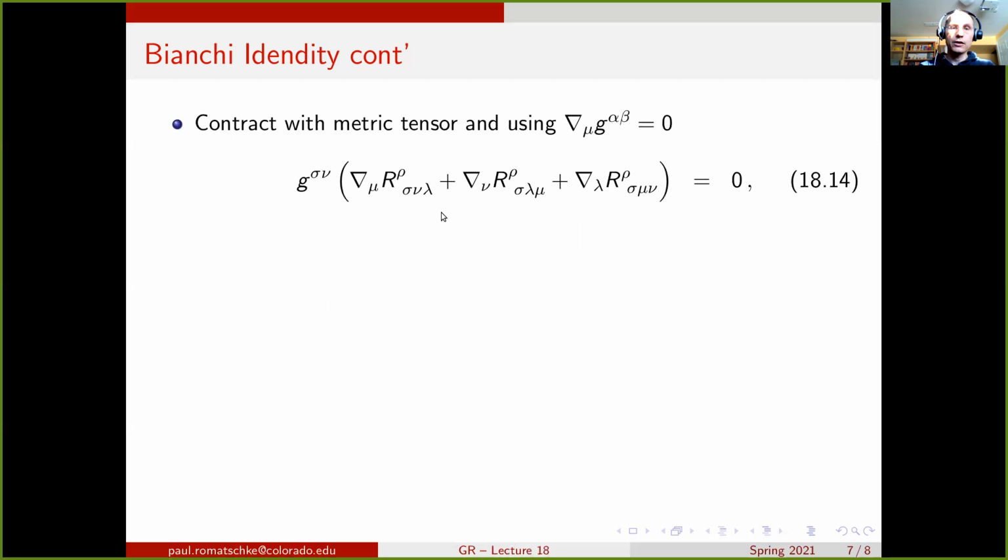So now we have this combination of derivatives from our Bianchi identity. We now contract this with a metric tensor, and we want to pull it through the covariant derivatives using the fact that the covariant derivative on the metric itself is vanishing. So if we do this, if you pull in this first metric in here, the first tensor, means we replace the sigma downstairs by a nu upstairs.